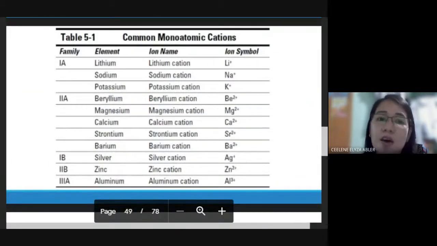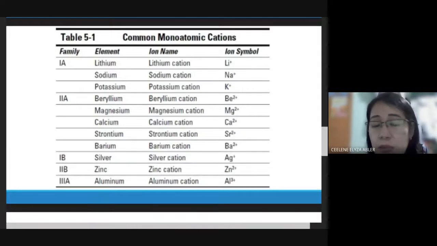So, these are the common monoatomic cations. That means they exist by themselves. They are alone, solo flight. These are the common ones, and the ones that we use frequently inside our bodies are the sodium cation and the potassium cation.